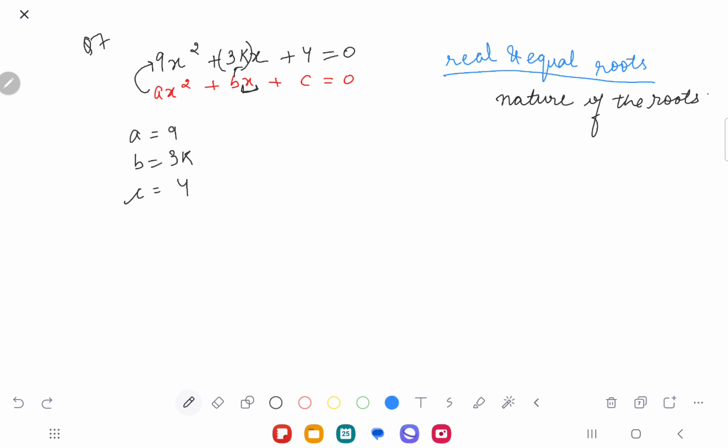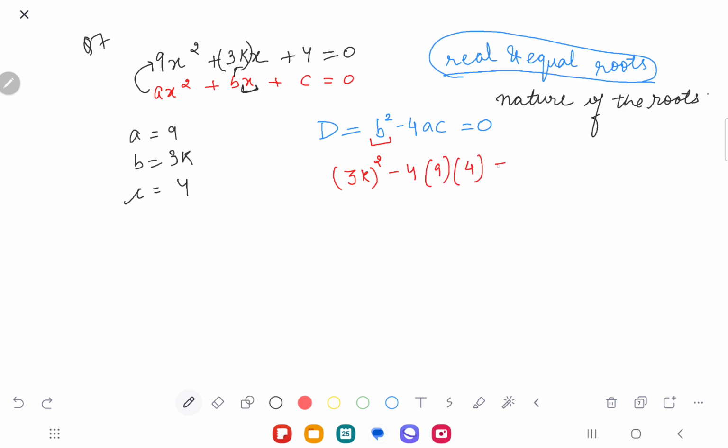Are you understanding? And for real and equal roots, the discriminant's condition is that the discriminant, which is b square minus 4ac, that value should be 0. So b is going to be 3k whole square minus 4ac, and that would be 0.